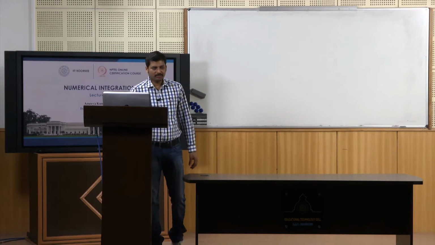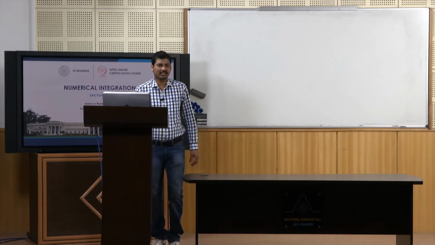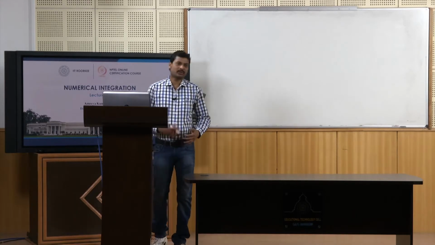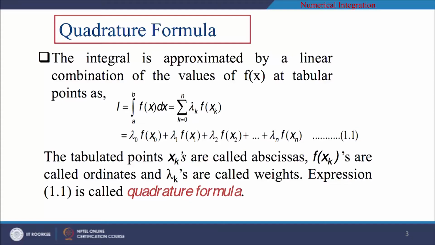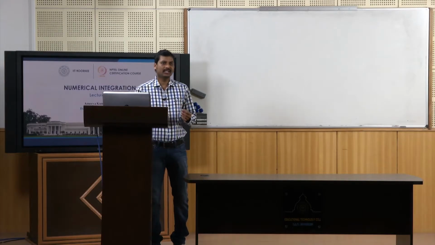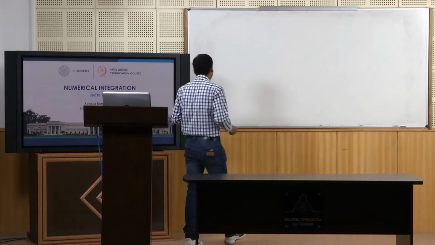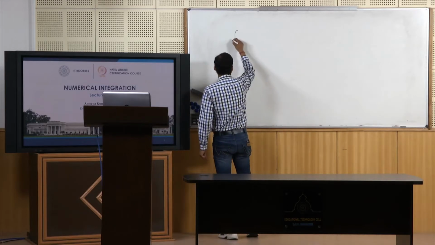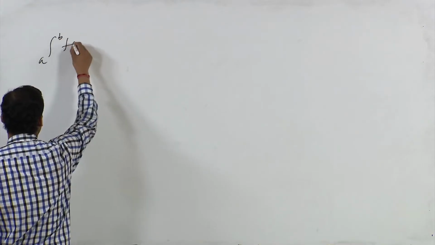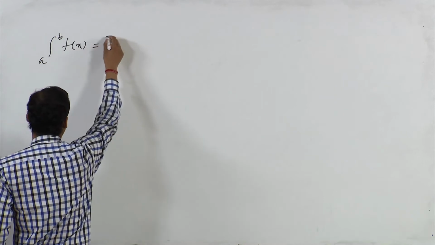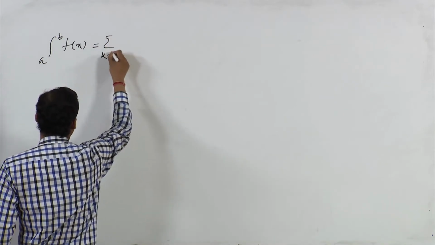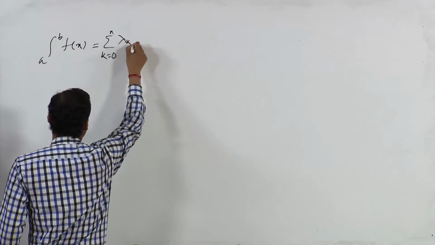First, the quadrature formula. Usually this integral is approximated by a linear combination of the functional values of f of x at the tabular points. This means that the integral from a to b of f of x dx can be expressed in the form of summation k equals 0 to n lambda k f of x k.